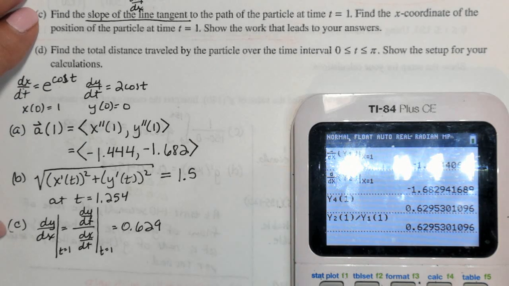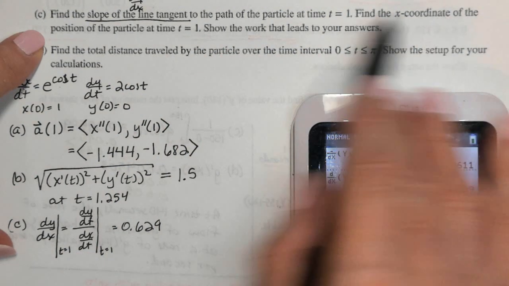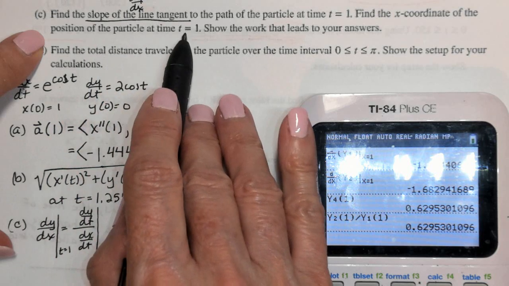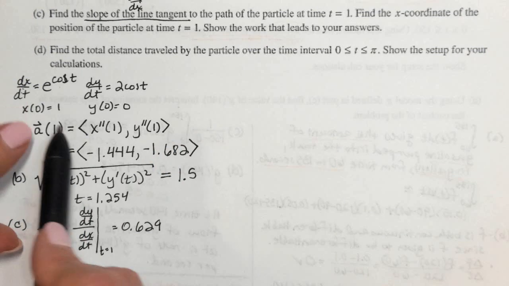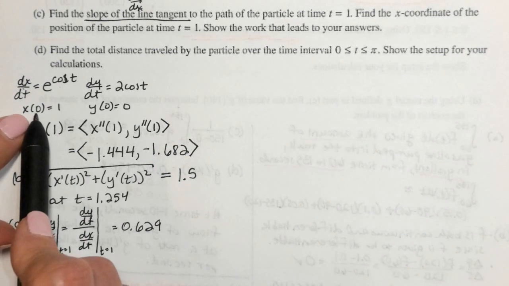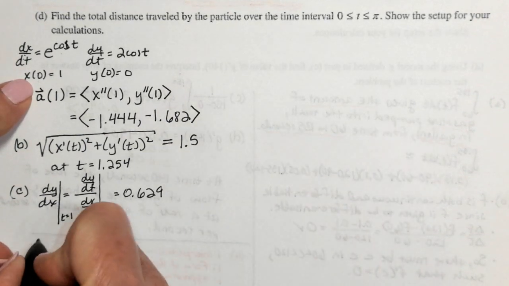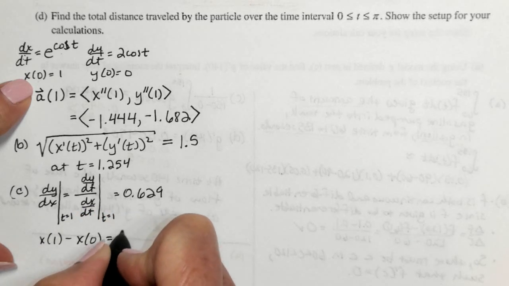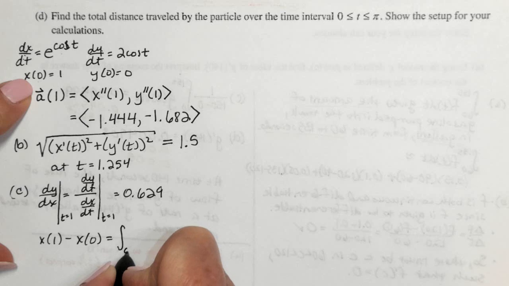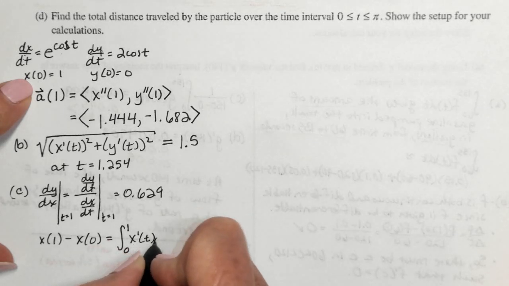All right, part D. Wait, we're not done with part C. Find the x-coordinate of the position of the particle at time 1. We know the x-coordinate at time 0, and we want the x-coordinate at time 1, so I set up the fundamental theorem of calculus. x at time 1 minus x at time 0 is equal to the integral from 0 to 1 of x prime.